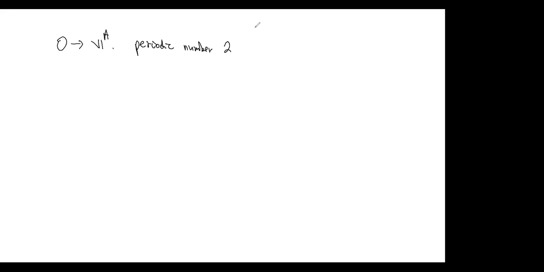The number 2 for the oxygen is the number of shells. So the number of shells for the oxygen is 2. And the number 6 for its group represents 6 valence electrons. So 6 valence electrons are in the outer shell.